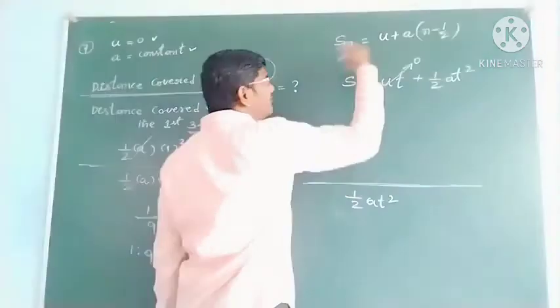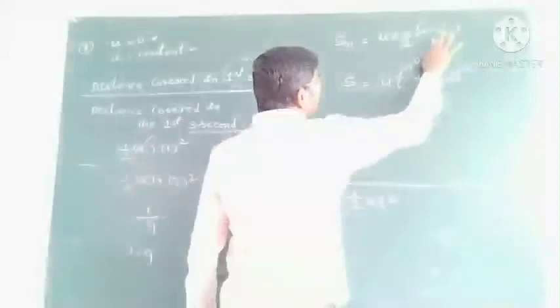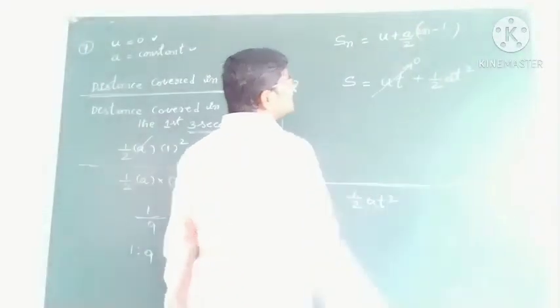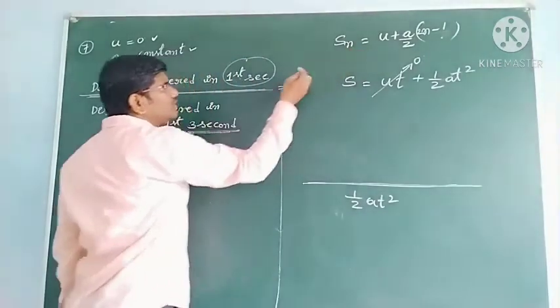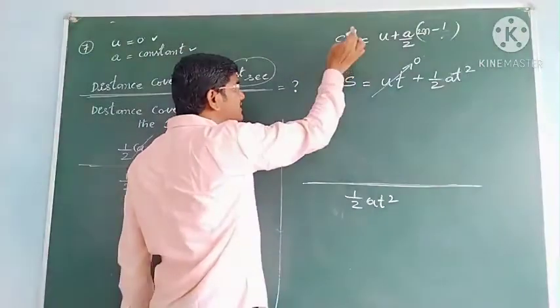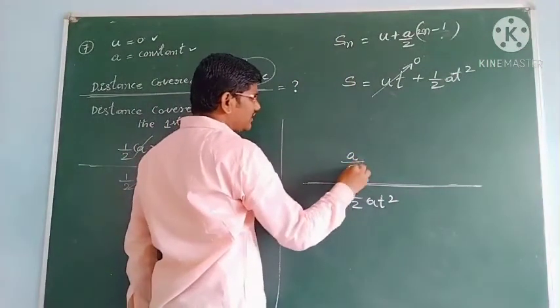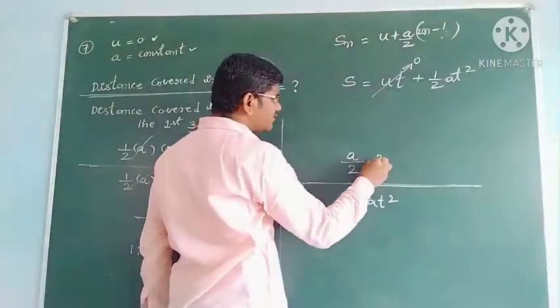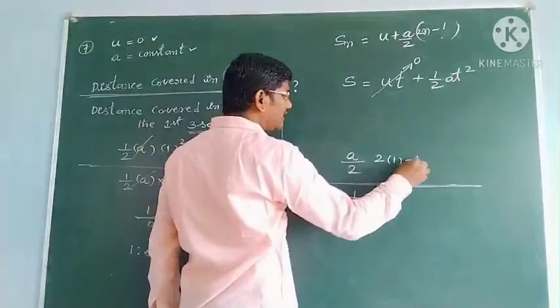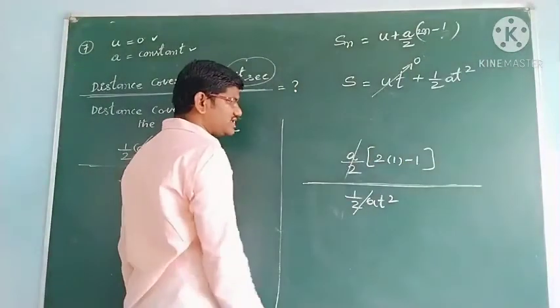The same formula: a by 2 into (2n minus 1), and u is 0. This is the distance traveled in a particular second. What is the second given? 1. So a by 2 into (2 into n, value 1, minus 1). Then a by 2 gets cancelled.